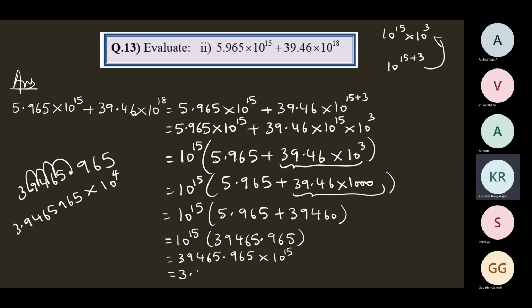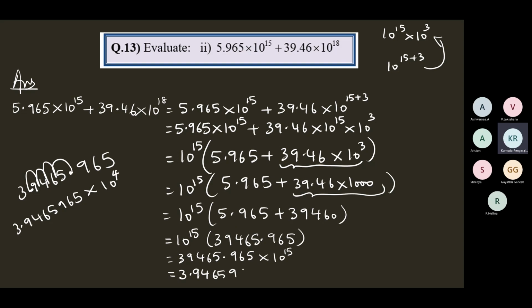So it will be 3.9465965 into 10 to the power 4 into 10 to the power 15. Correct? Ma'am, I have a doubt. Why should we add 10 to the power 15 to that? No, that's already there, so we're just writing it.